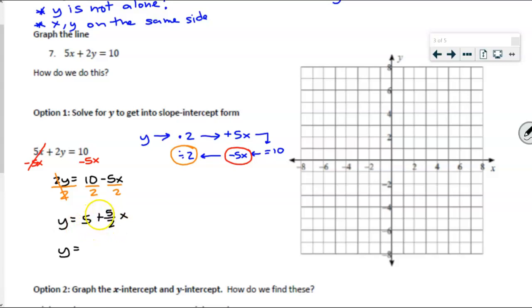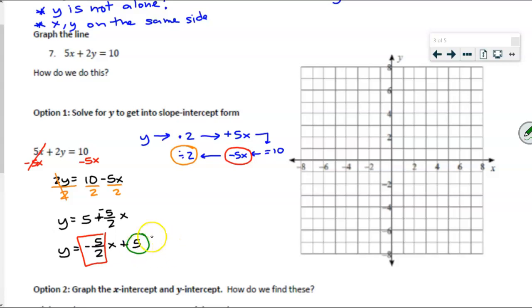This is plus a negative 5 halves x. If I'm going to rearrange it, that would be negative 5 halves x plus a positive 5. The y-intercept then is 5, and the slope is negative 5 halves.